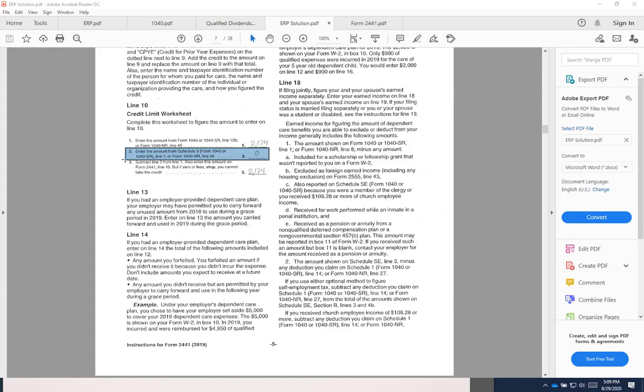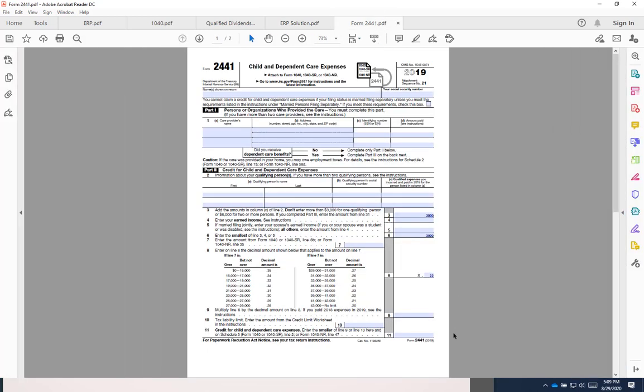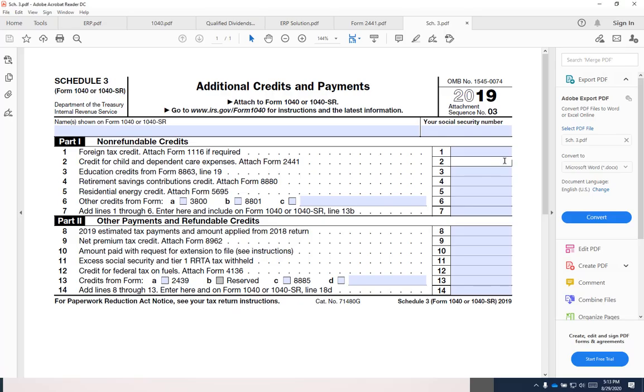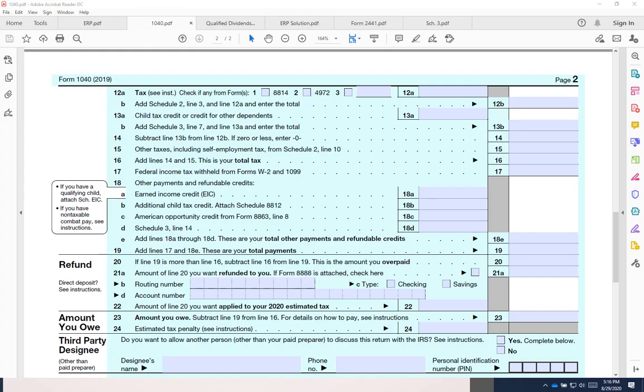So the child and dependent care credit from Form 2441 can be applied to this tax liability of $2174. And what is the amount of the child and dependent care expense credit? It would be the amount that you figured out for line 11 here on this Form 2441. Then report on Schedule 3 the amount from line 11 carried over to Schedule 3. Schedule 3 has a total which is then carried over and reported on 1040, line 13B.